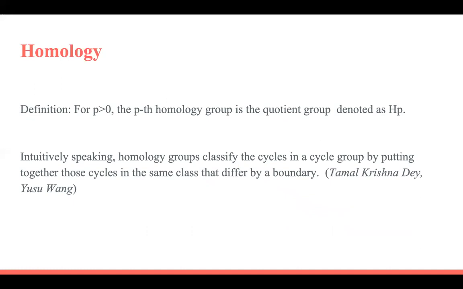Since we know how to summarize our information from a graph using the idea of functoriality, let's focus on the homology group we introduced previously. Here's the definition of homology. For p greater than or equal to 0, the p-th homology group is a quotient group denoted as H_p. Intuitively speaking, a homology group classifies the cycles in a cycle group by putting together those cycles in the same class that differ by a boundary.